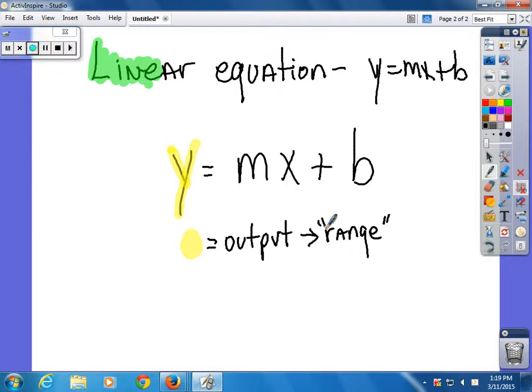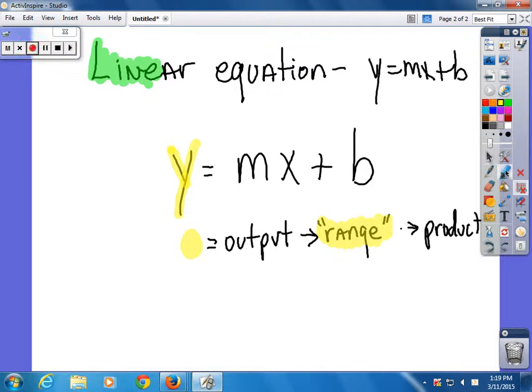Some people would say it's the product, what is produced. But most of the time, anything having to do with the y-axis is called the what? The range. So out of all those words, that's probably the one you need to remember most of all, especially if you're going to be taking another math course in the future.